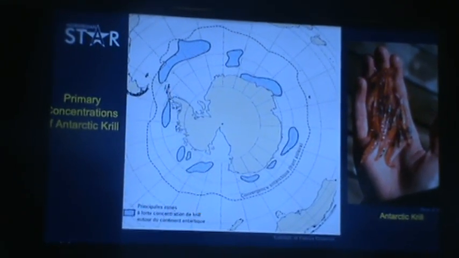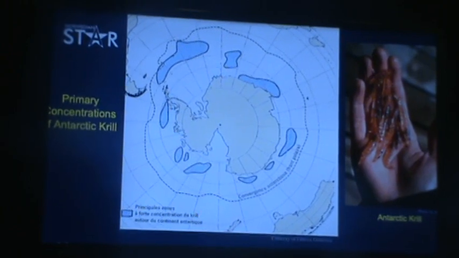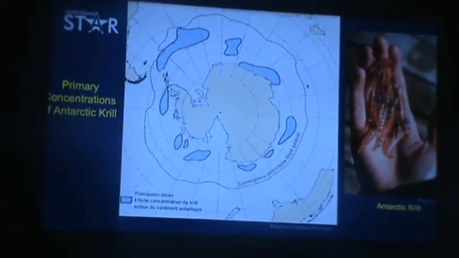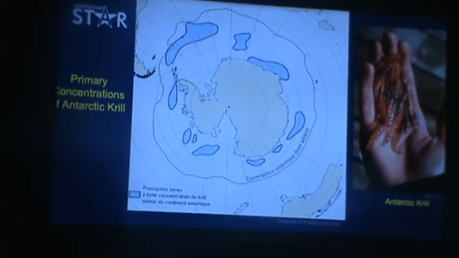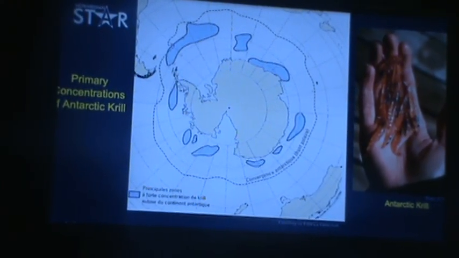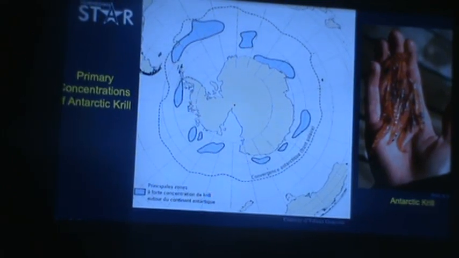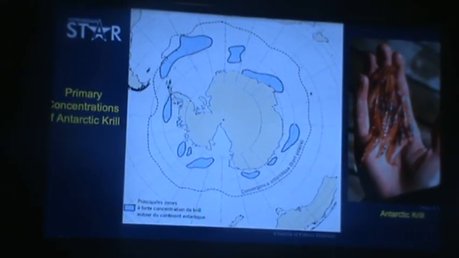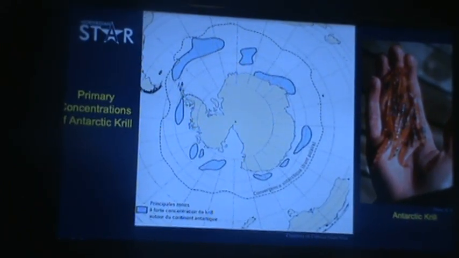And what's happening as the sea ice melts, the food for the krill is diminished. Why? Because at the bottom of the sea ice is where the phytoplankton, the algae, for example, are, and that's where the krill feed.